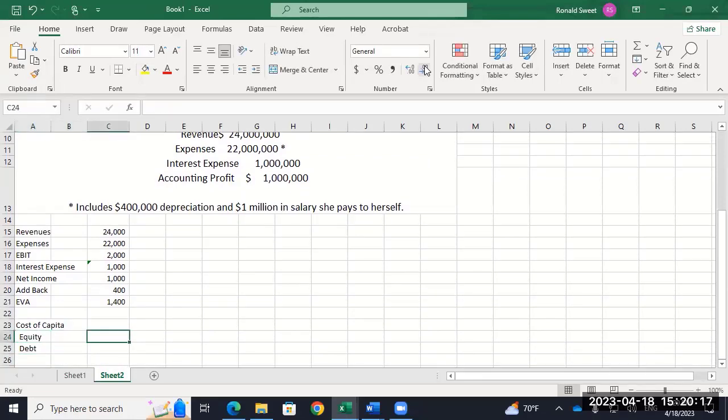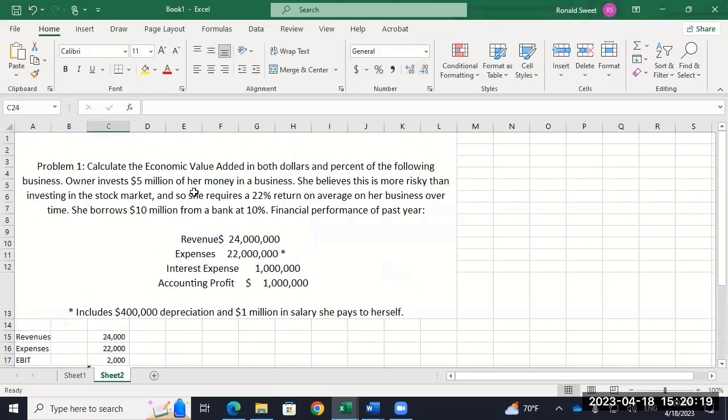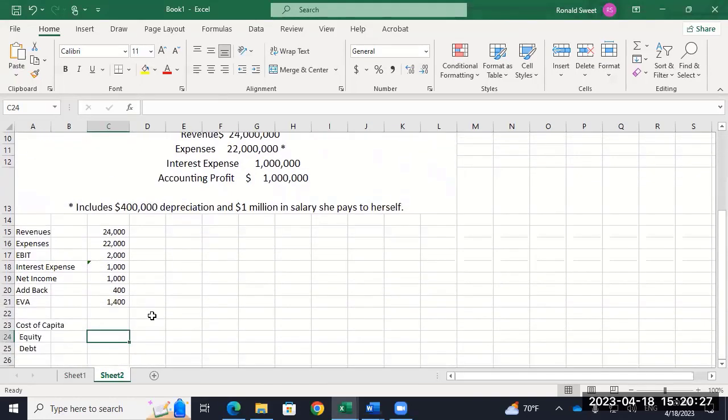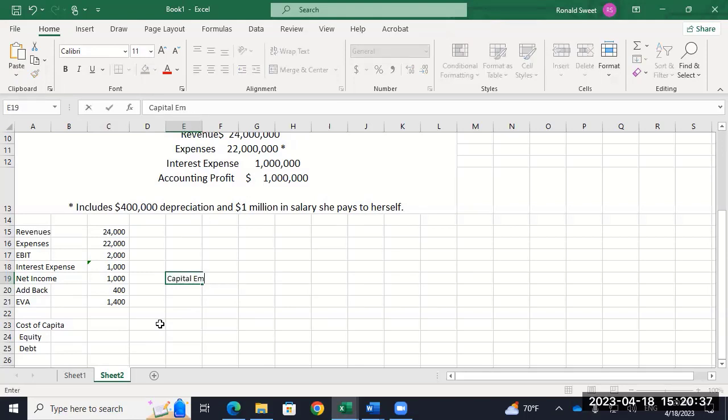So our equity is going to be what? Well, how much of her money did she put in there? $5 million, and she needs 22%. That's just given. If you want to, so that you're careful, you can put capital employed off to the side so you make sure you cover it.